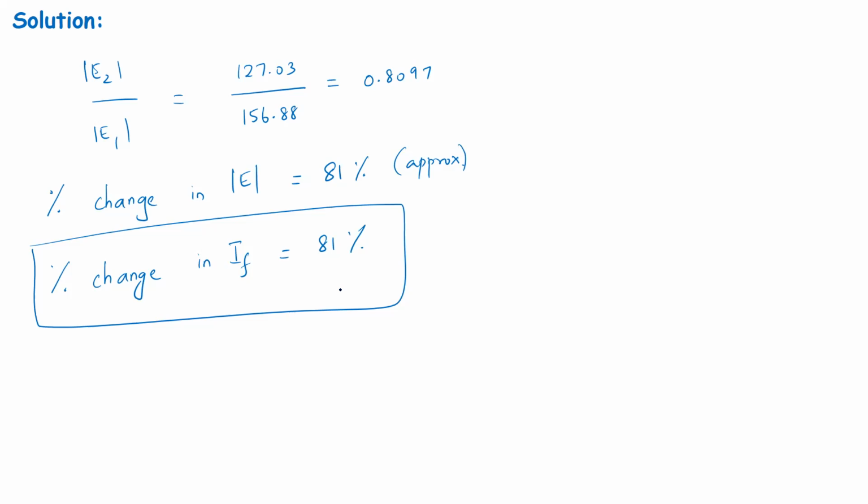But for that assumption, we cannot make this statement. So if we don't make that assumption, you need to have the actual magnetization curve with you. You need to solve for E, you need to extrapolate IF from the curve, and then you have to solve for the ratio. So that is one more step in the process, but I'm sure you will figure it out if you know how to solve this one.